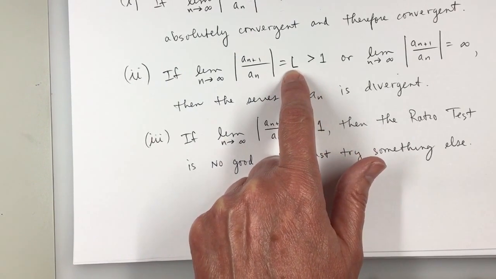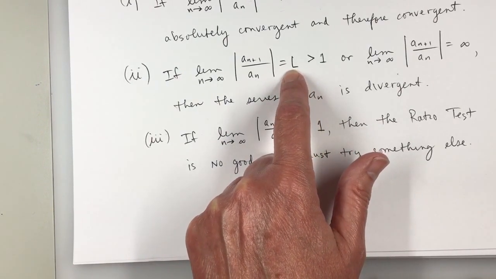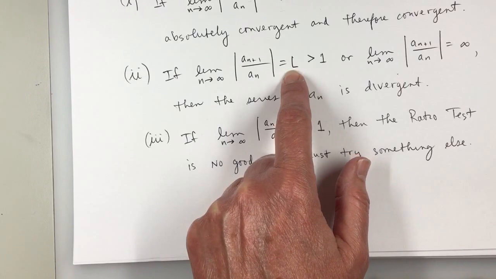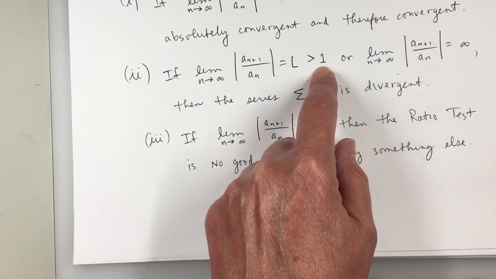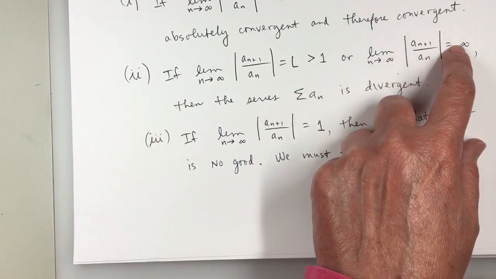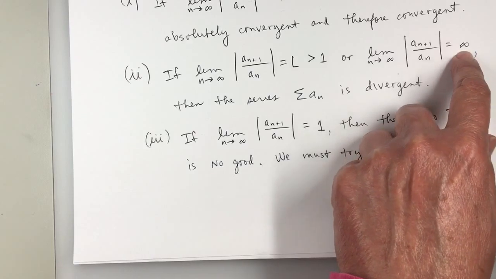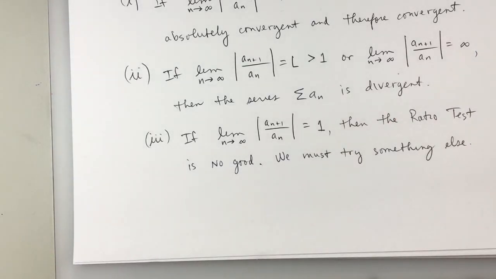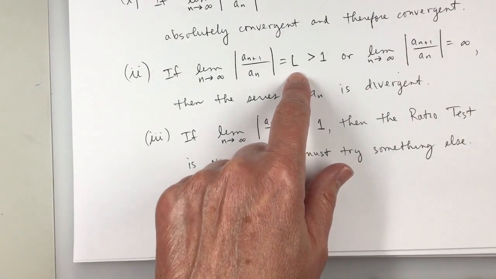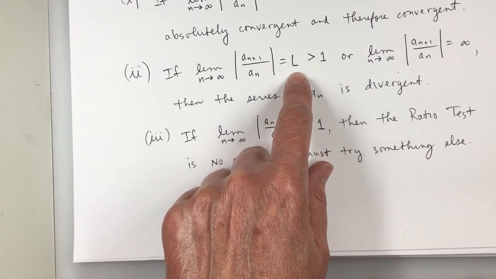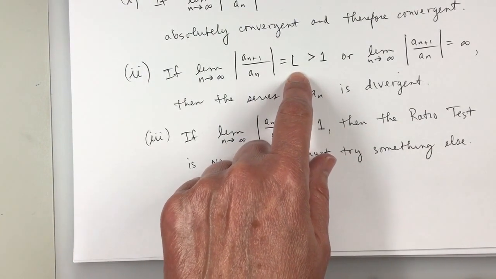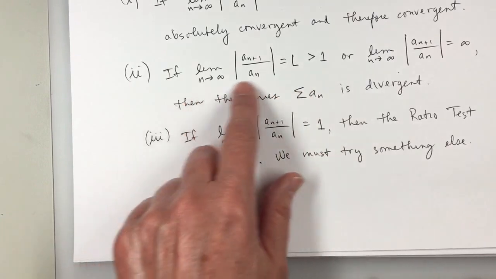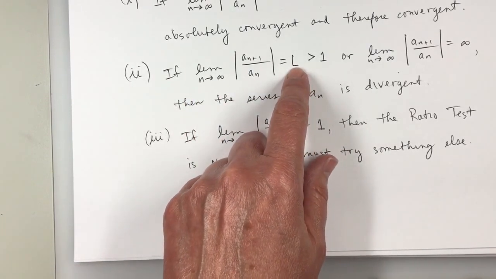But L could be 2, which is greater than 1. The second part, and it could be infinity. Oh, I see what you're saying. This is saying if it equals a particular number. Okay. So technically a limit, if it exists, it's going to equal a number.